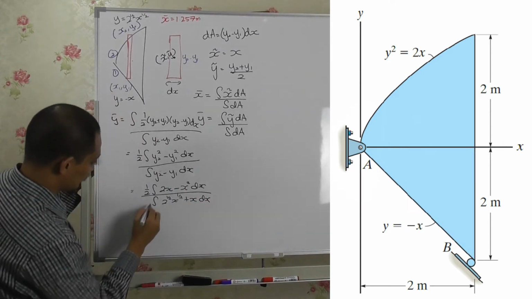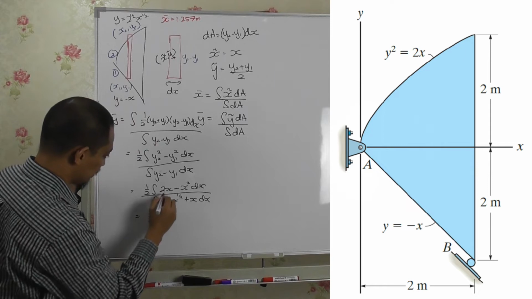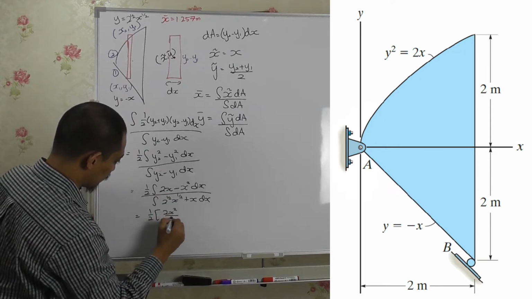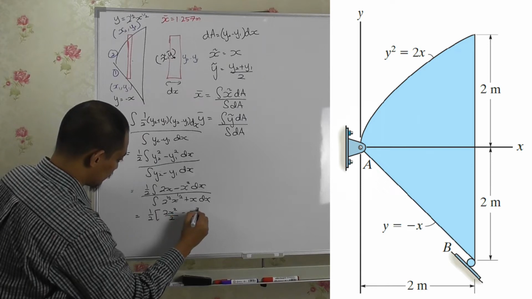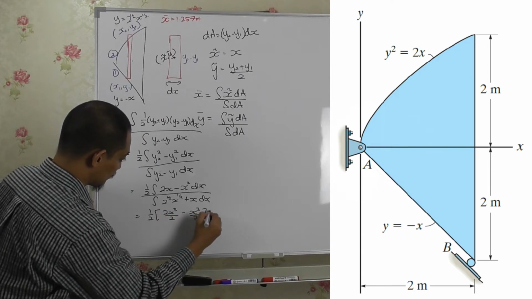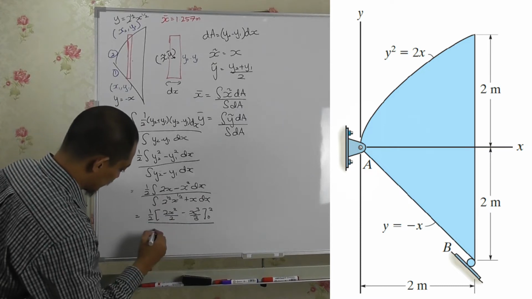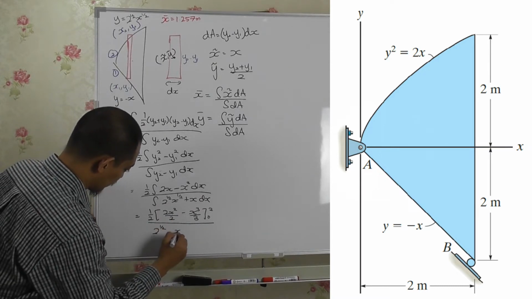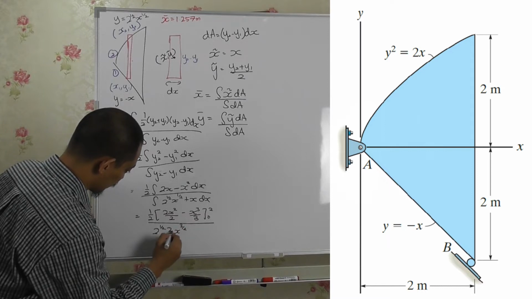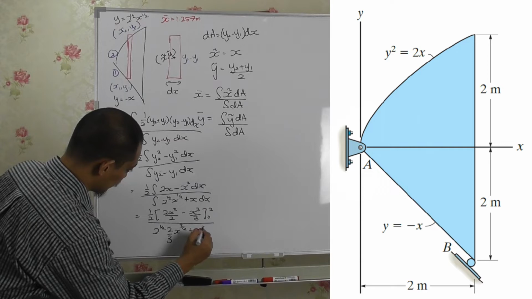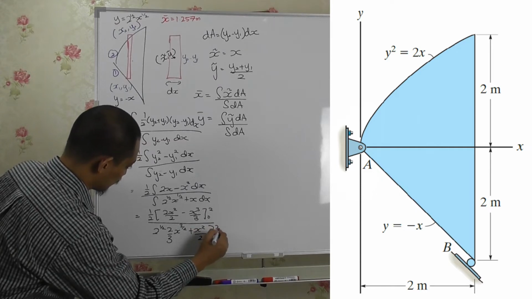dx. If you integrate this one, you get half, and integrating this becomes 2x square over 2 minus x cube over 3 from 0 to 2, and the denominator is basically the same as before: 2 power of half, x power of 3 over 2, 2 over 3 here, plus x square over 2 from 0 to 2.